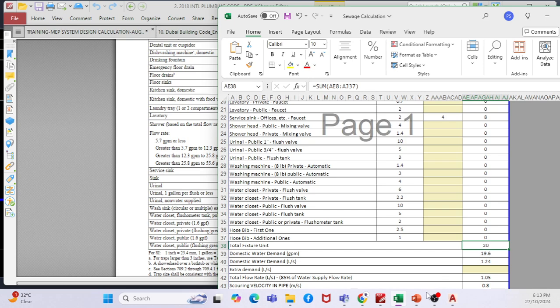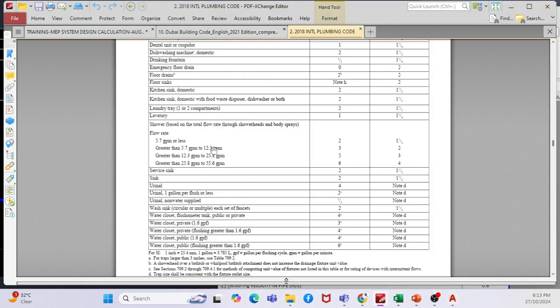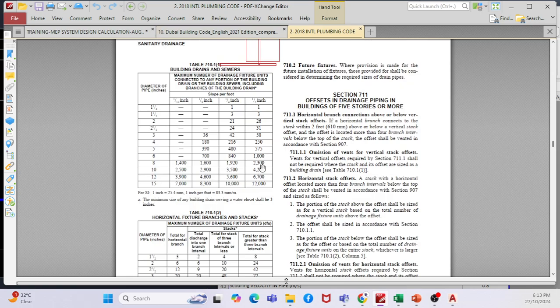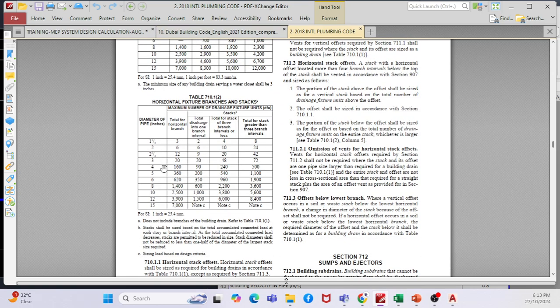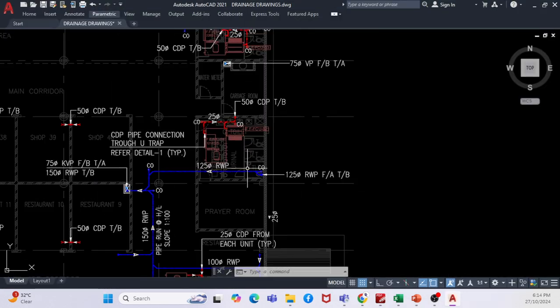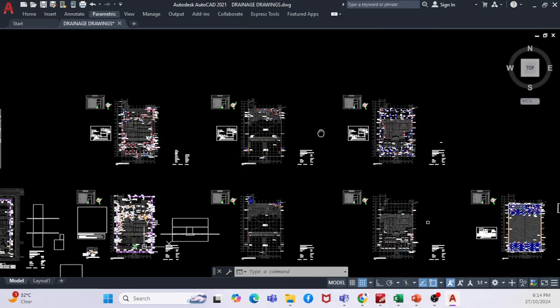Since it is close to the final value, as a designer they will consider the next pipe size. It is very neck to neck. Up to 20 DFU you can go with 3-inch, but just for safety purposes, to take a safety margin, they will go with 4-inch, because if you go with 3-inch, there is a chance of blockage. That is why you can see in this diagram a 4-inch pipe.